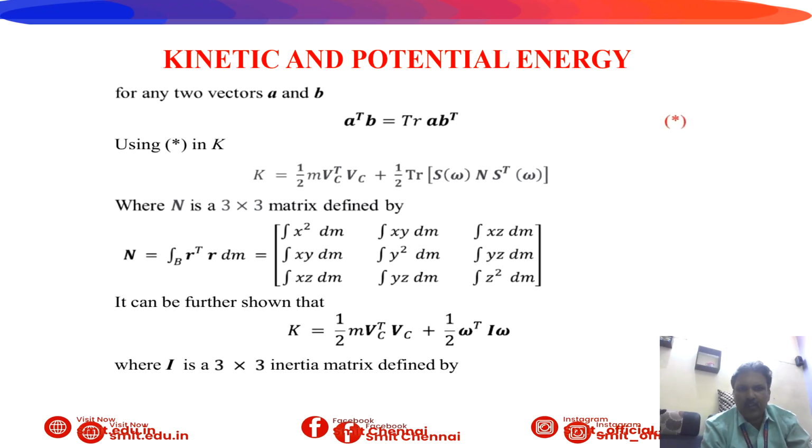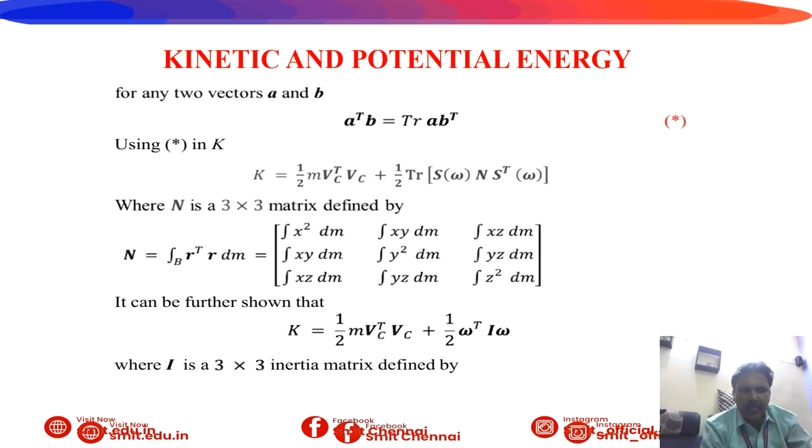Then N is the 3 by 3 matrix defined by integral x squared dm, integral xy dm, integral xz dm, integral xy dm, integral y squared dm, integral yz dm, integral xz dm, integral yz dm, then integral of z squared dm.